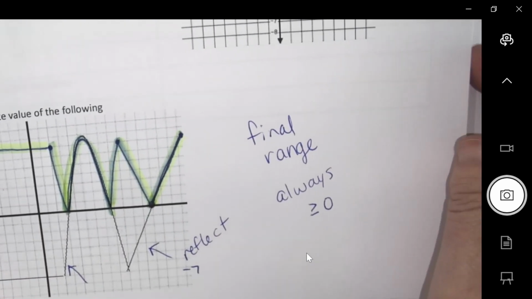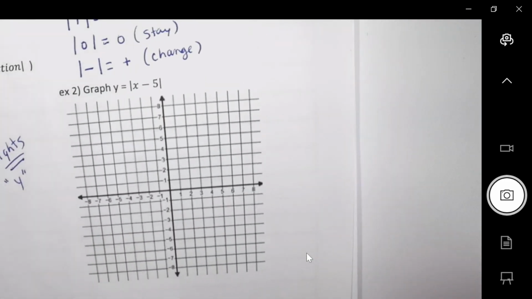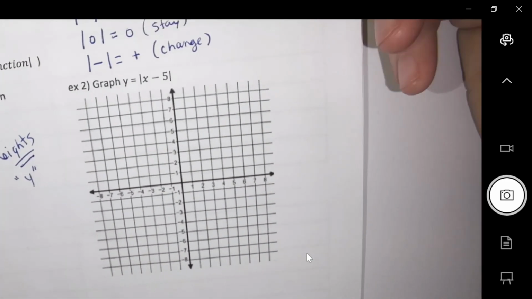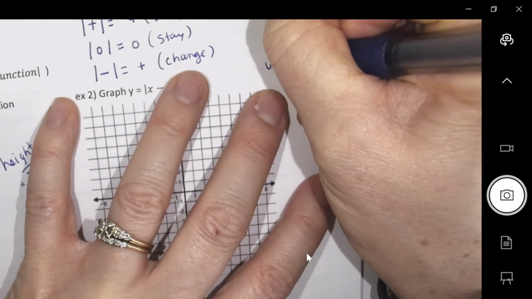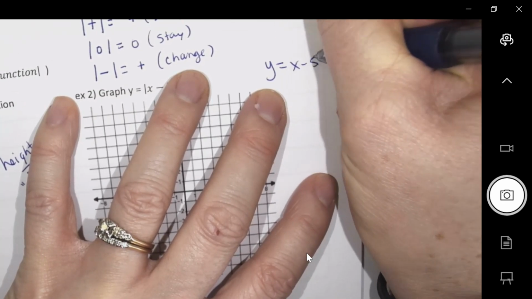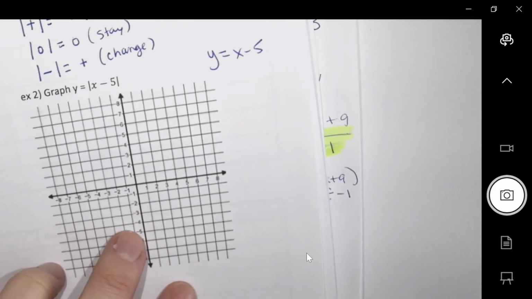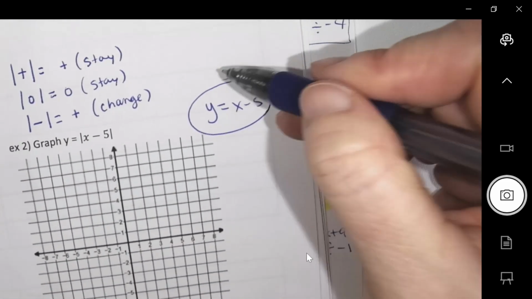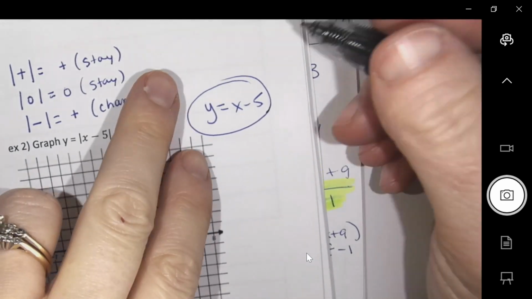Okay, the last question. So graph the absolute value of x minus 5. So first of all, without the absolute value, do we know how to graph this? y equals mx plus b.